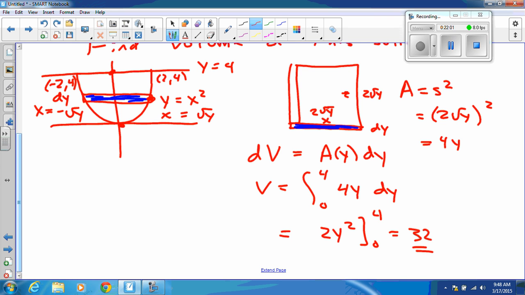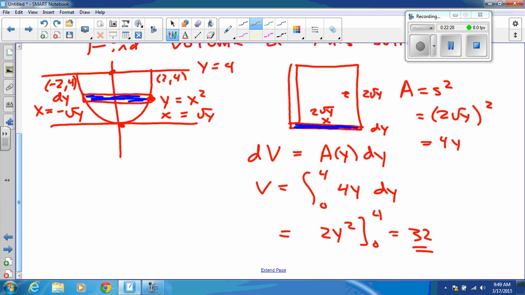What's that? The z comes from the cross section. And because my shape is a square, yeah, that's right. Okay. Good? Good questions.